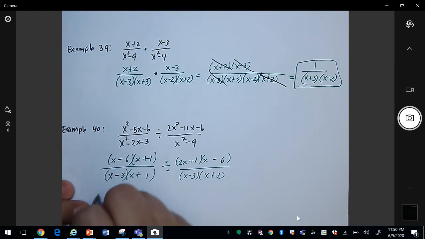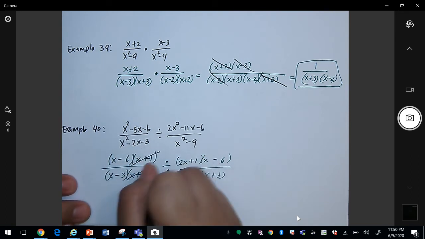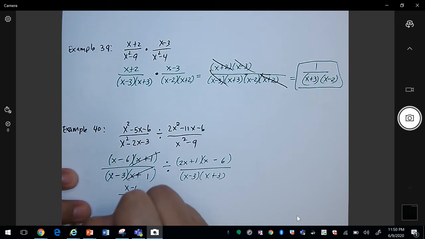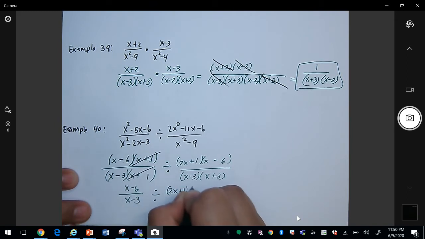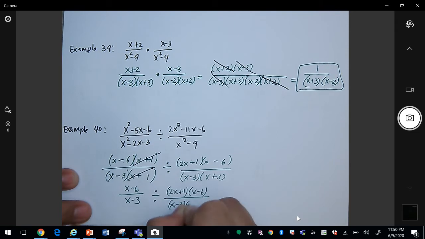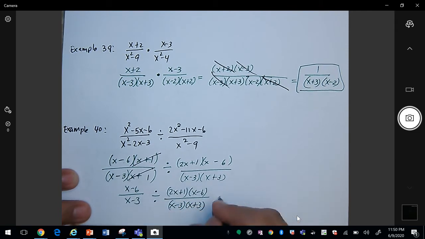In division, here we can cancel out, for example, x plus 1 and x plus 1. And so now I'm left with x minus 6 divided by x minus 3, divided by 2x plus 1 times x minus 6 divided by x minus 3 times x plus 3.